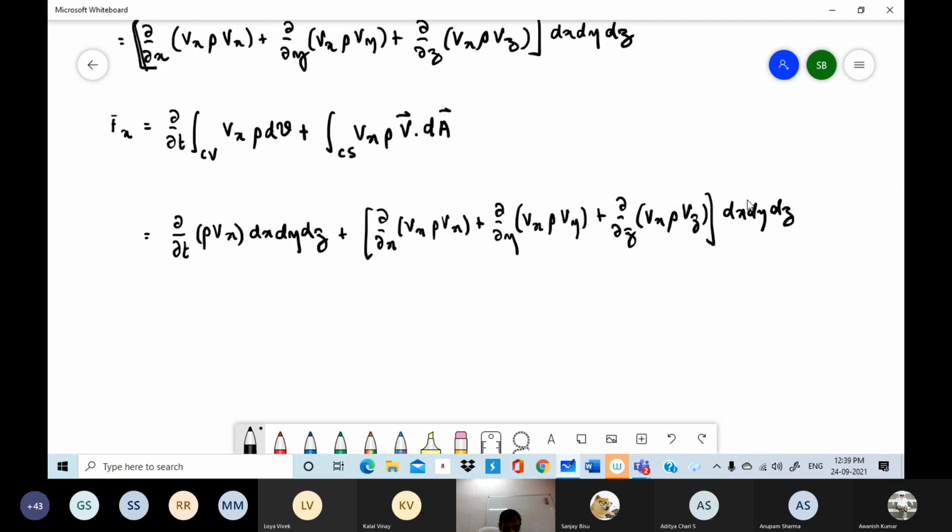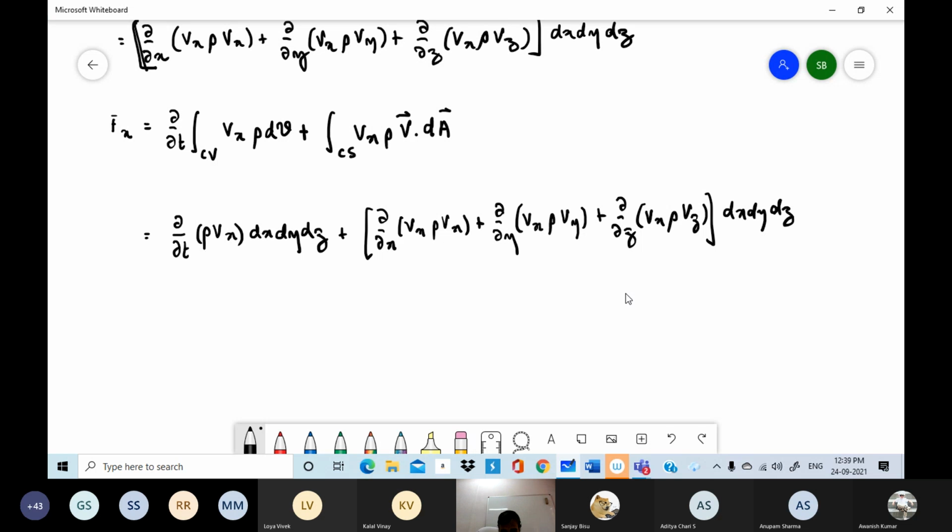Now, just as in the Reynolds transport theorem, we had an extensive property called capital B. We also defined the corresponding intensive property, which is beta, which is B per unit mass.